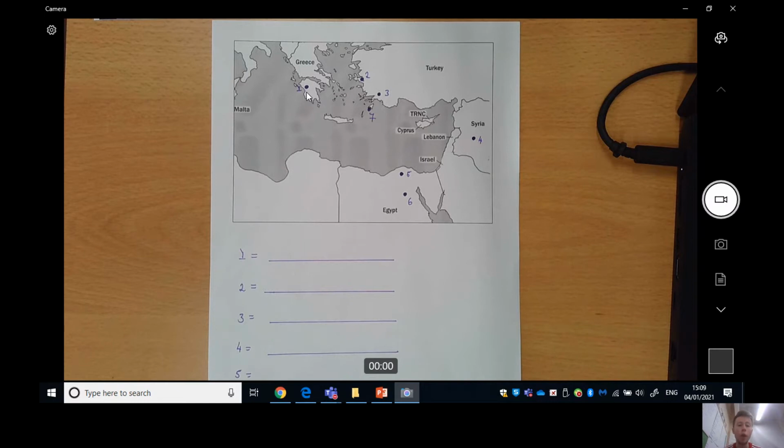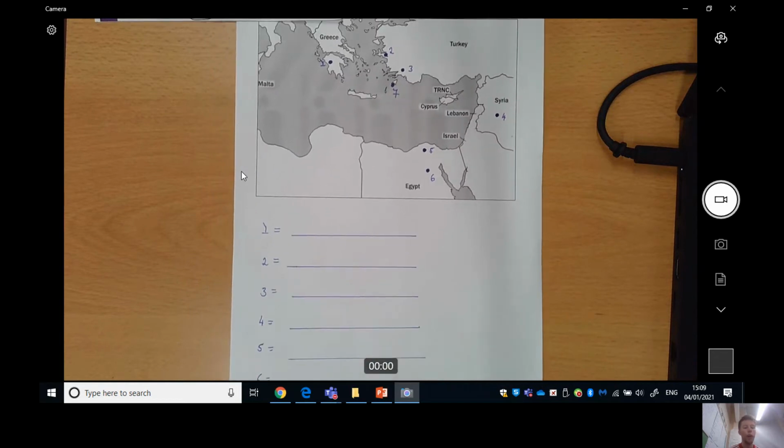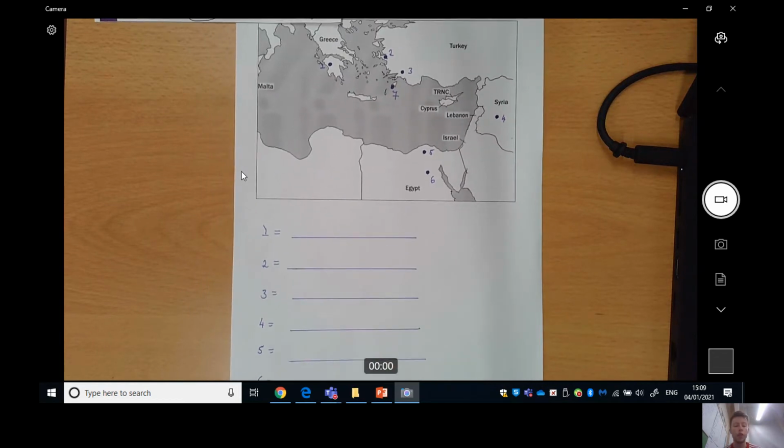So we have 1, 2, 3, 4, 5, 6, and 7. What you're going to do is try and label the numbers to the corresponding wonder of the ancient world. So I'm going to do one for you.